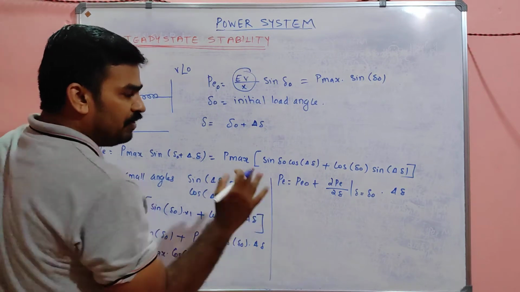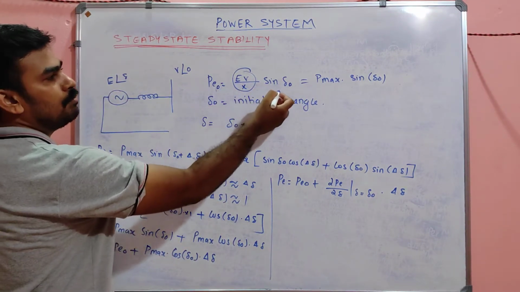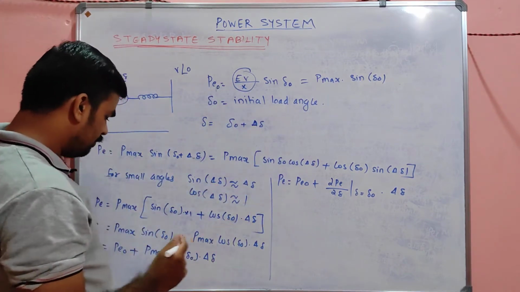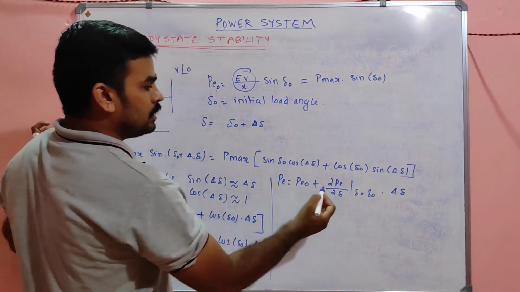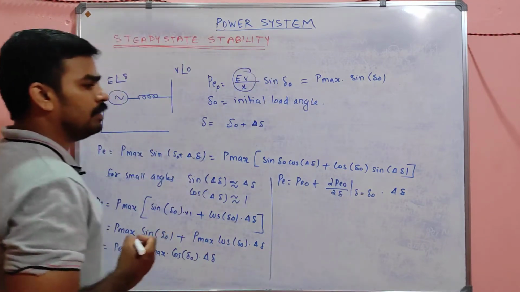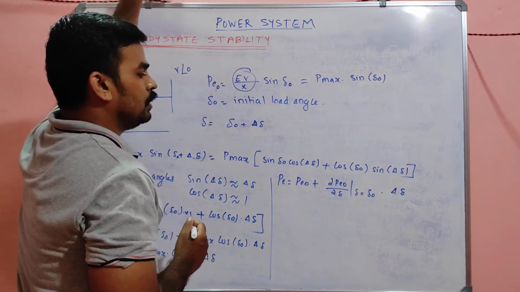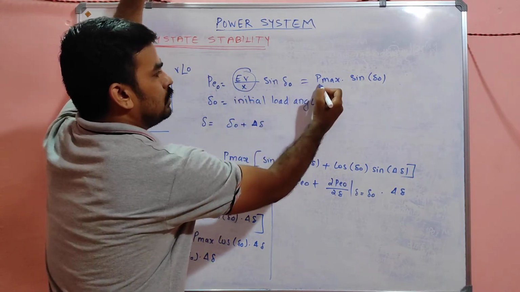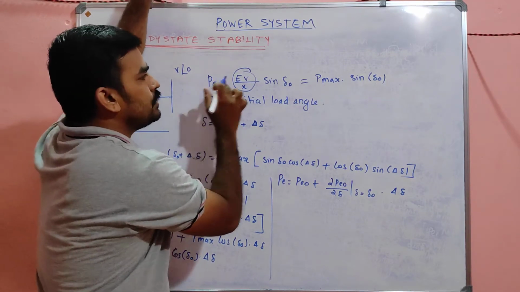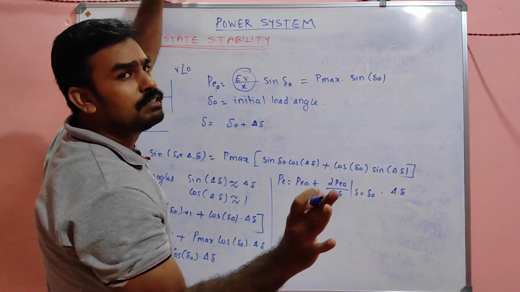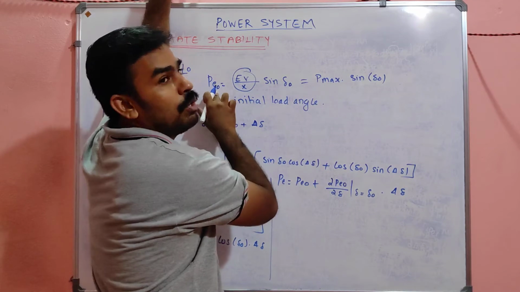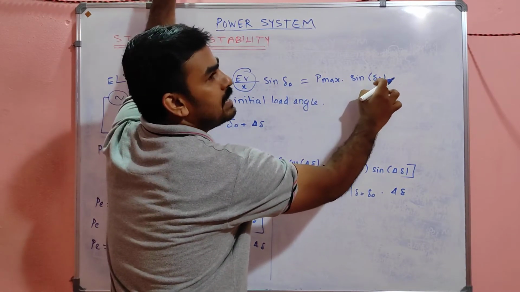We have the basic equation for P, which is nothing but P max into sine del 0. What will be the derivative of this function? P0 will be P max into sine del 0, that is the initial value of power. What will be dou P divided by dou del? It will be P max into cos del 0.